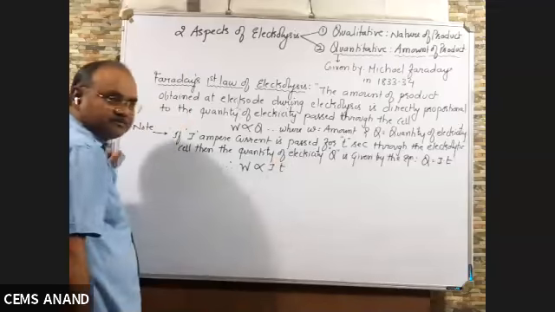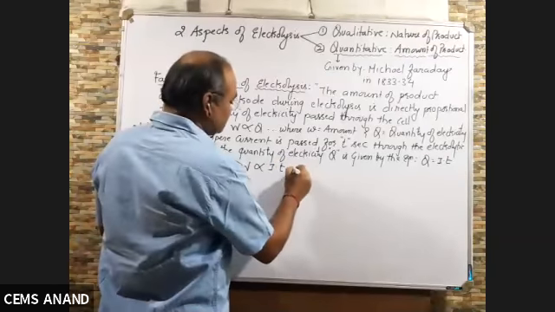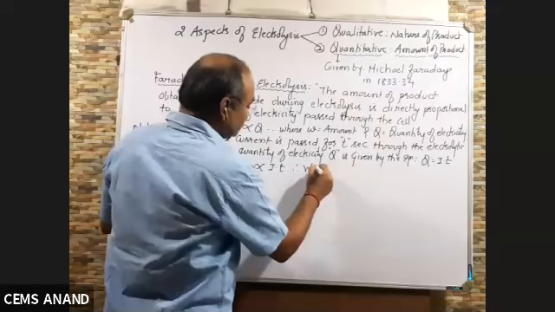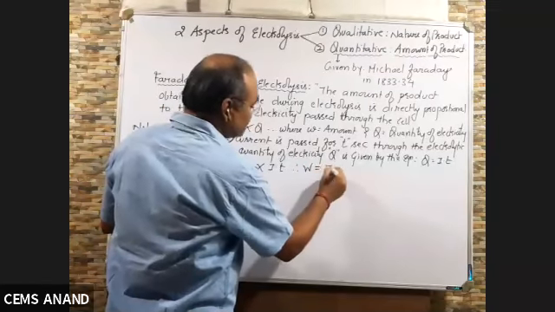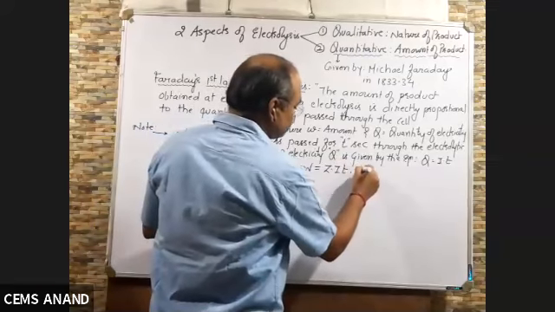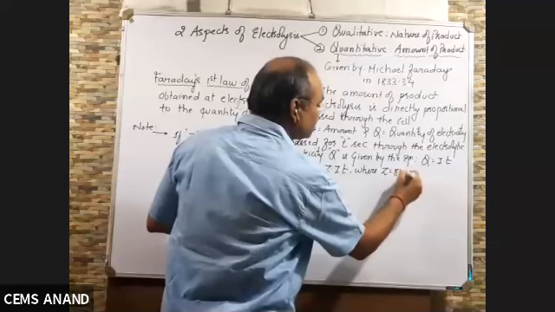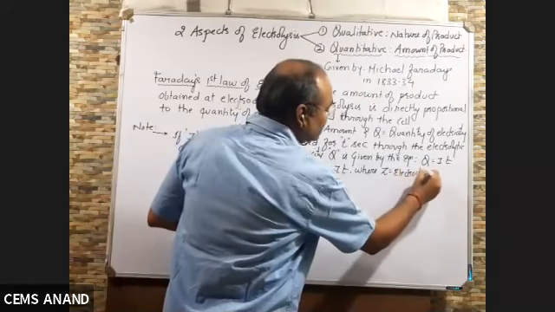If I want to remove the proportionality sign, I can write W is equal to ZIT, where Z is the electrochemical equivalence.